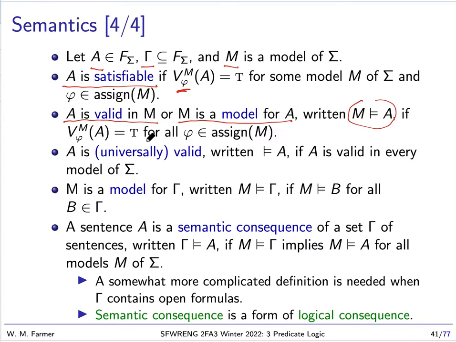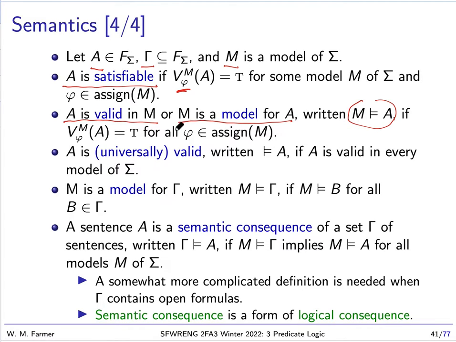If the value of A is true for all variable assignments in M. So this means that A is valid in a particular model if it doesn't matter what the values of the free variables in A are. No matter what the values are, it's always true.